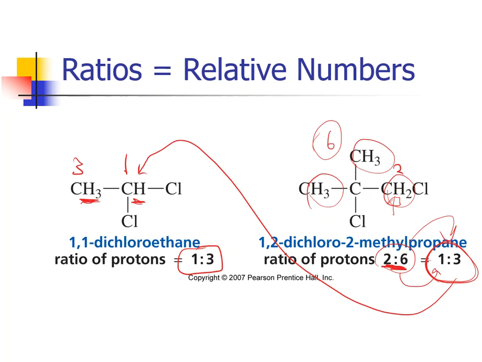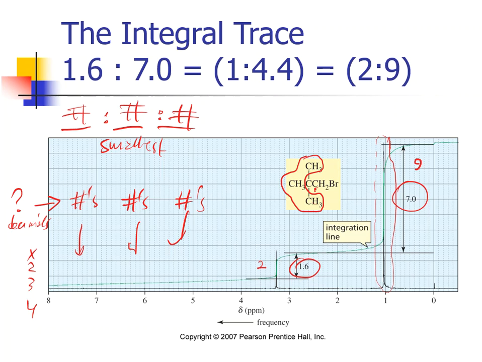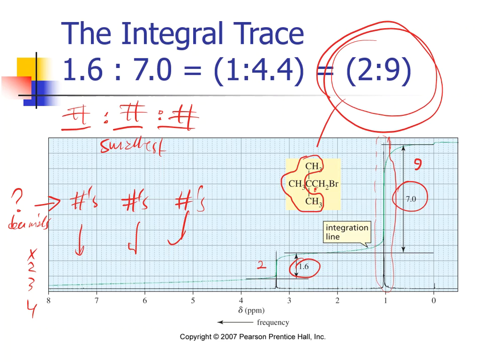So these numbers that I get from the integral trace calculation, for instance here, we said 2 to 9, it could be a direct match, like it was in this example problem, on the number of hydrogens of each type. However, if the molecule's bigger than this, 2 to 9 could also be a 4 and an 18.